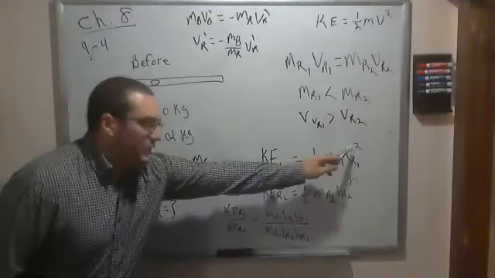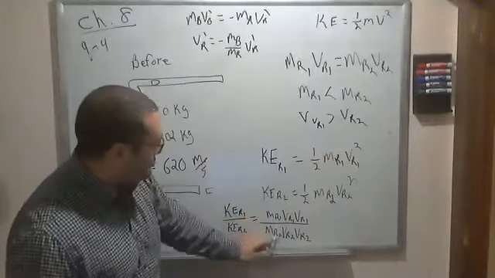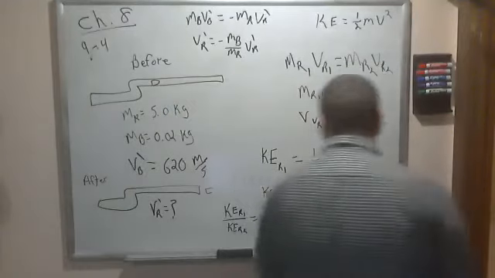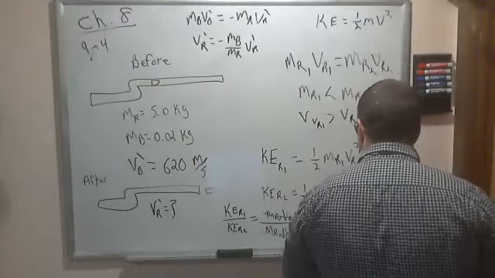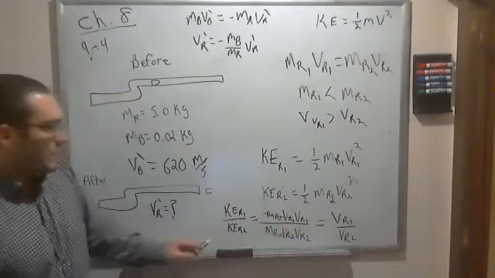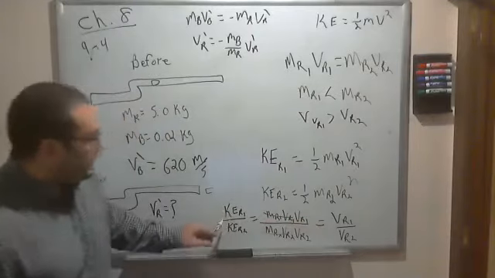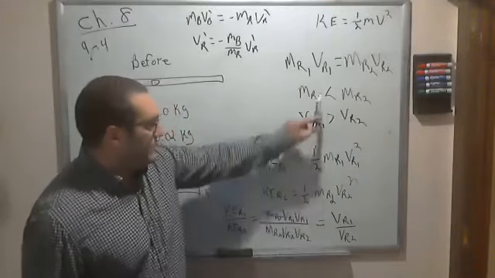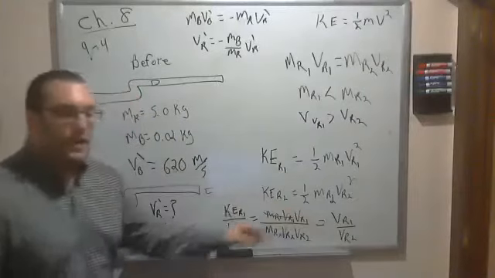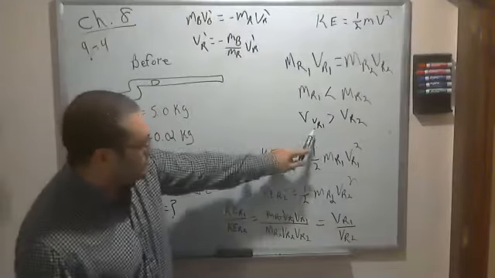I wrote out the exponent because if you look, these two quantities are equal to each other, so this cancels out with this, and we're left with V1 over V2. So the kinetic energies are not equal to each other, right? Because we know that the velocities are different. So in the first case where the mass of the rifle is less, the kinetic energy is more.